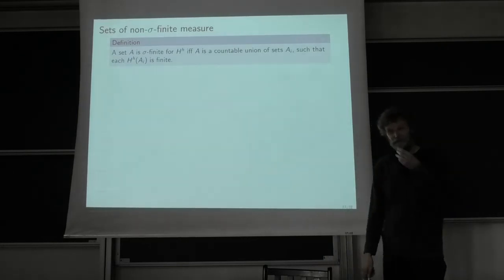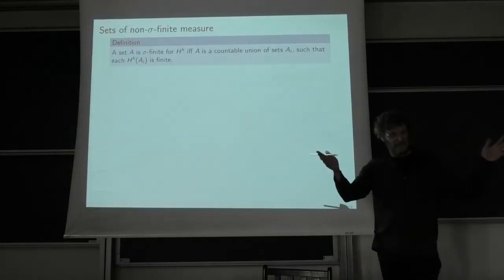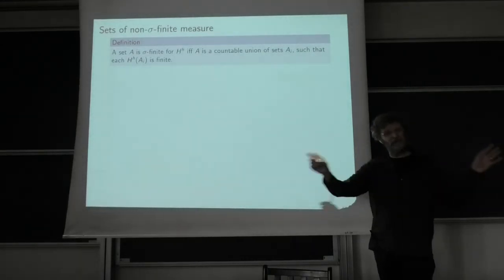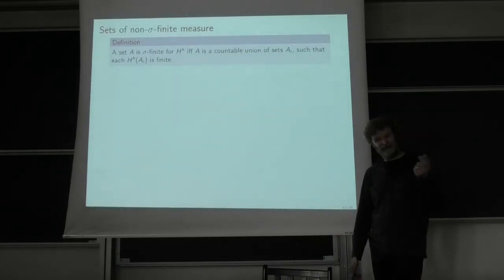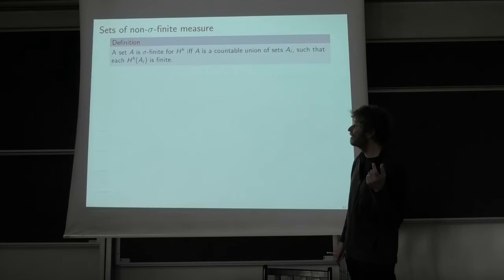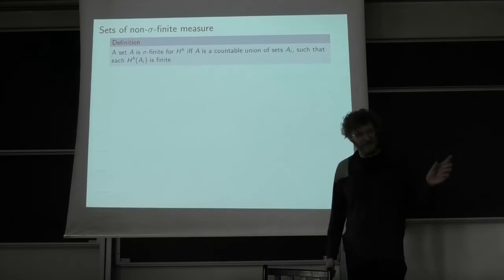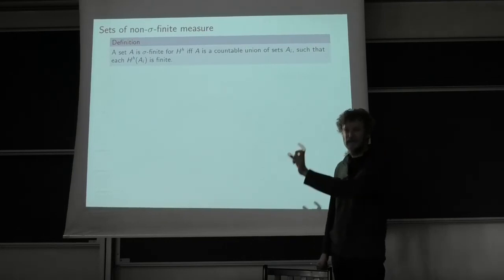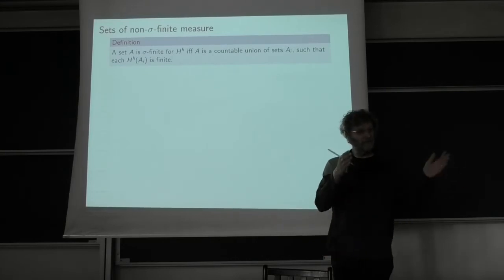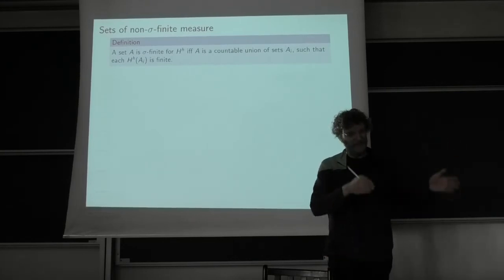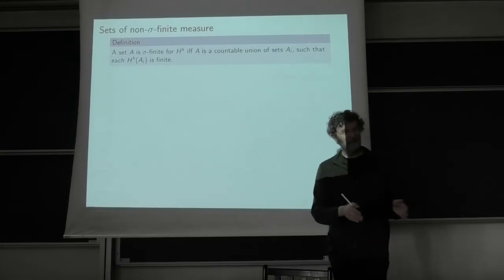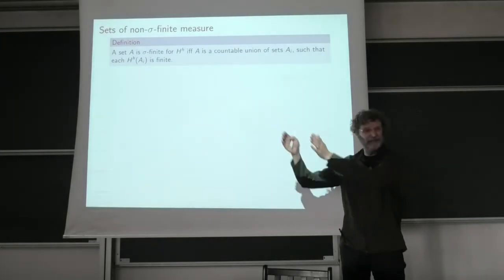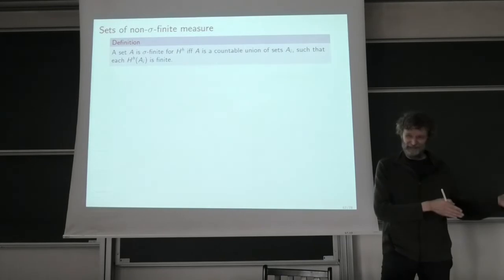Okay, so for example, let's take an easier example. Look at the real line. The real line has a decomposition into subsets such that each subset has finite linear measure. Take the real line and break it up into the integer bounded intervals. The real line is the interval from 0 to 1, 1 to 2, 2 to 3, 3 to 4, 0 to -1, -1 to -2, and so on.